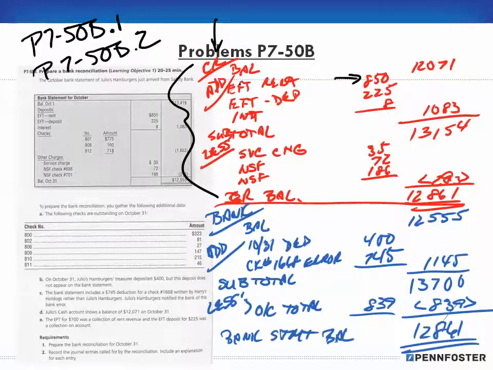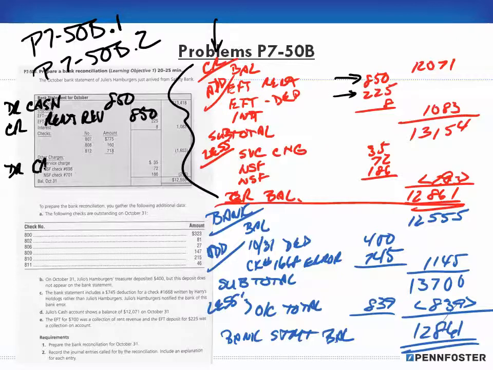Okay, so we're receiving cash, so I debit cash for $850, and we're going to credit what? It's for rent, so that's rent revenue for $850.